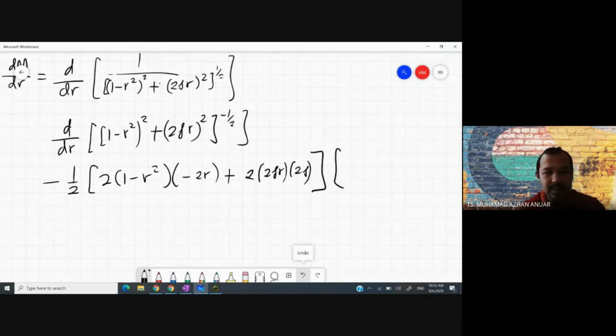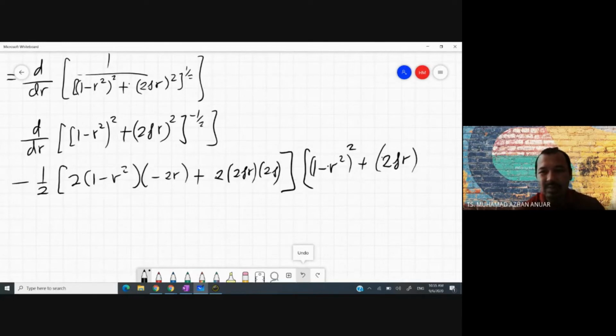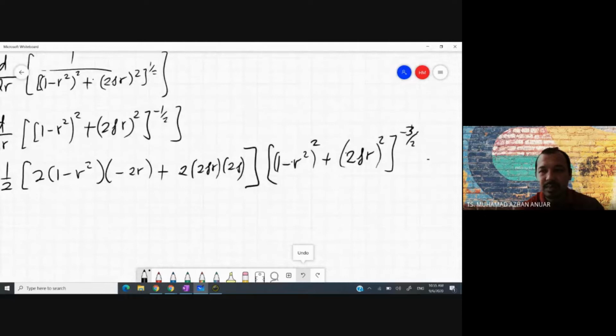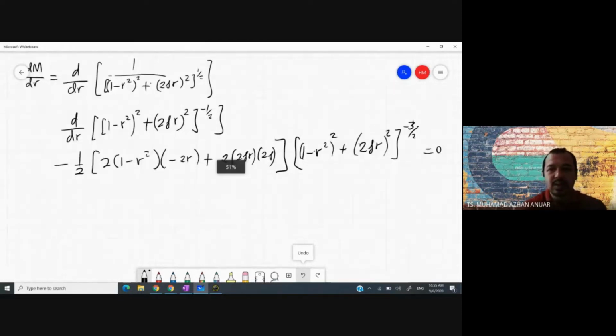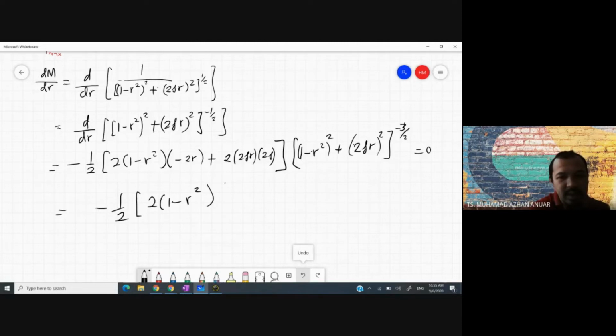Multiplied by the whole terms to the power of minus 3 over 2. That is equal to 0. So if you look at this one, we can write this as minus 1 over 2, 2 multiplied by 1 minus r square multiplied by minus 2r plus 2, or 8.